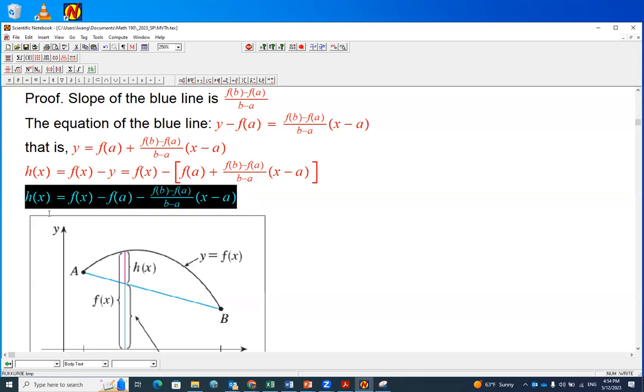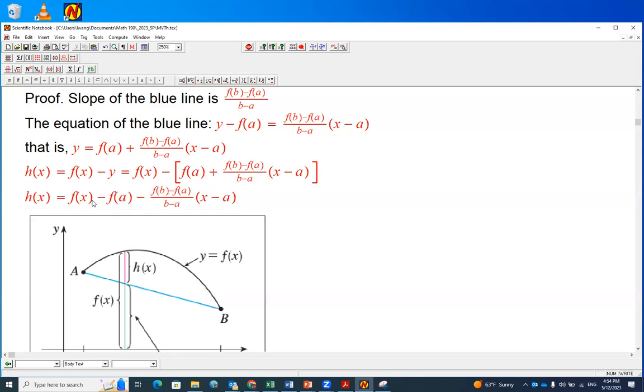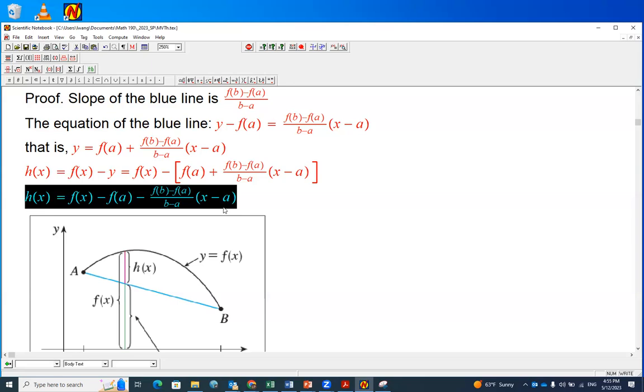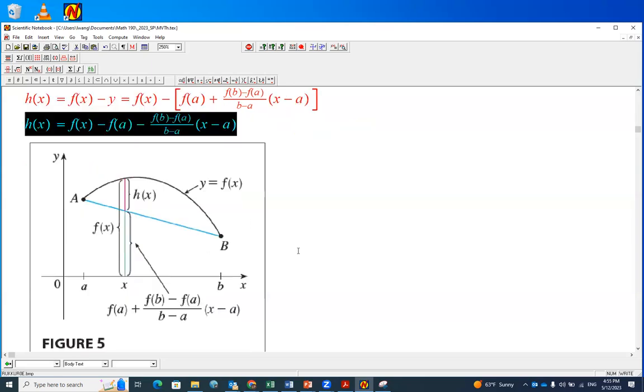So now let's look at h of x. Because f of x is continuous on the closed interval and differentiable on the open interval, and f of a is a constant, and this is a constant, and x minus a is continuous and differentiable everywhere, h of x is continuous on the closed interval.